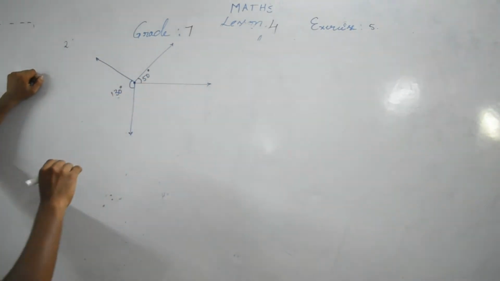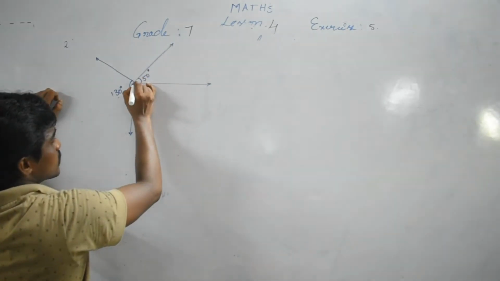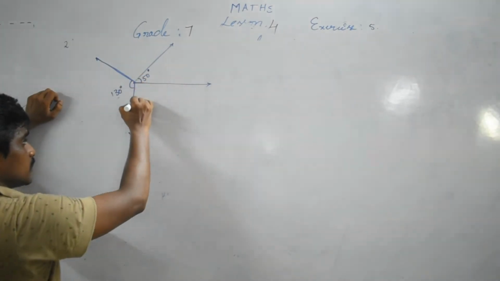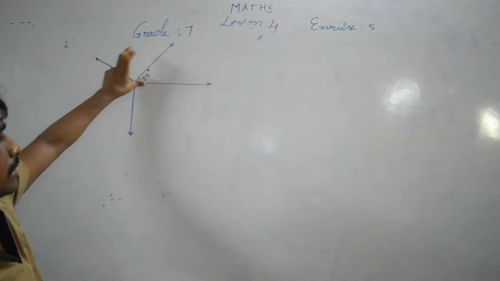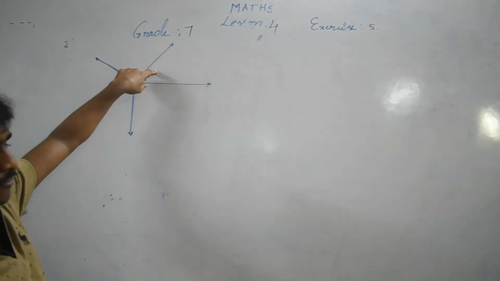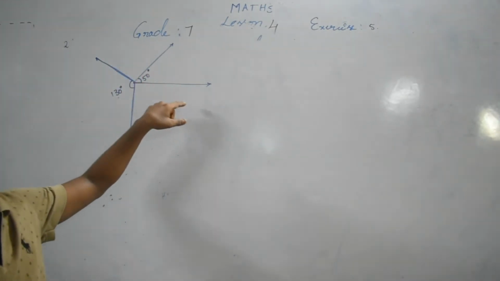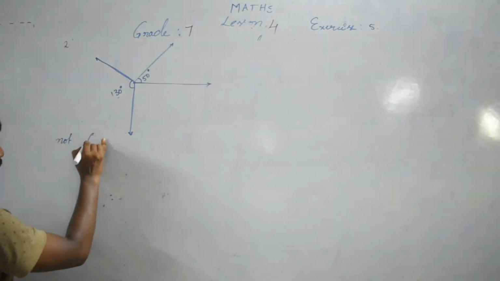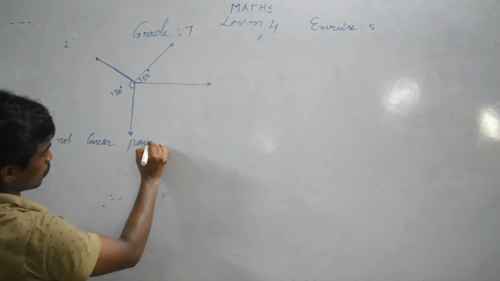So here, these are one angle. These are one angle. So here different rays. So 130 plus 50 is 180. But this is not a linear pair.